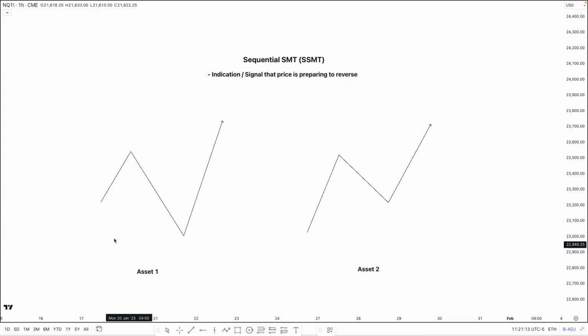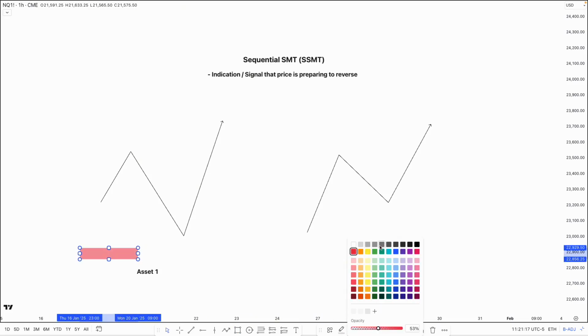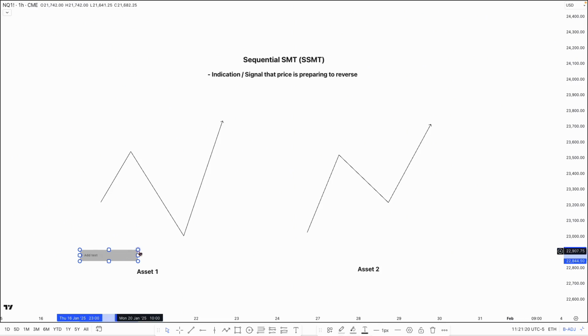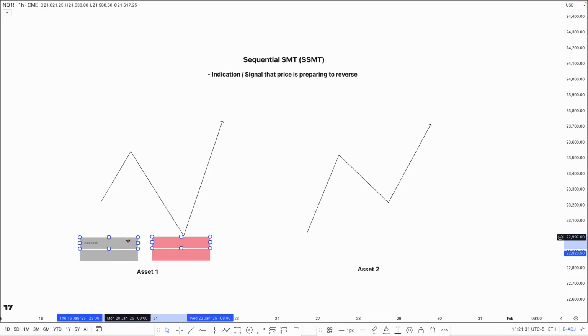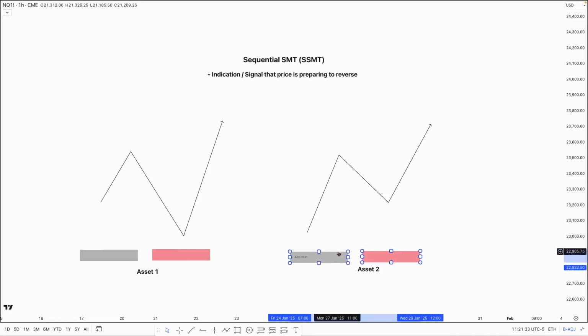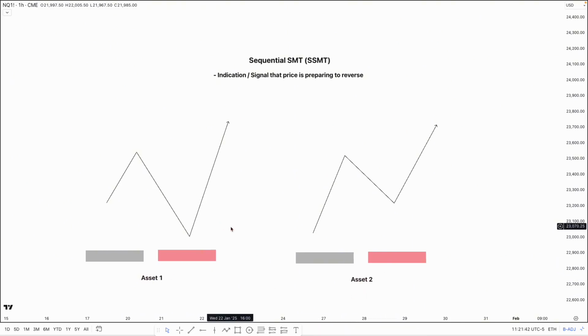Okay, and we will have our first quarter, and then we have our second quarter. And we have a divergence between the lows, but the lows of the quarters. Okay, and this is sequential SMT. Hopefully this does make sense for you.